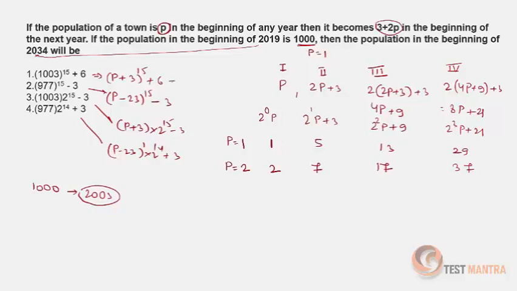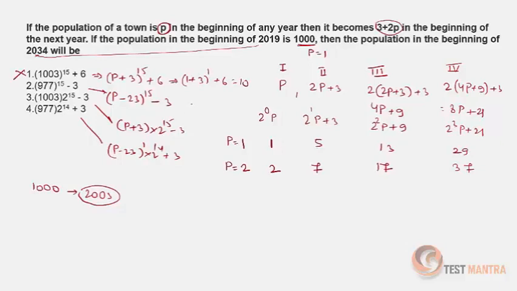That means this value for the very first year will be nothing but 1 plus 3 raised to 1 plus 6, which is 10, but my figure is 5, so definitely this is ruled out.